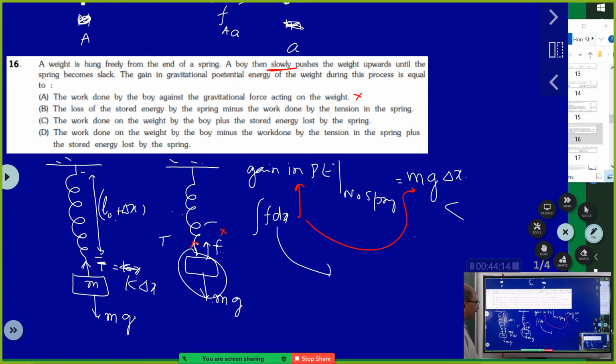The work done on the weight by the boy, that is F into dx, plus the stored energy lost by the spring. That appears to be right. Option D, the work done on the weight by the boy minus the work done by the tension in the spring plus the stored energy, no, quite common. So I will go with C.